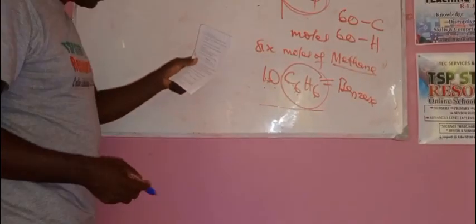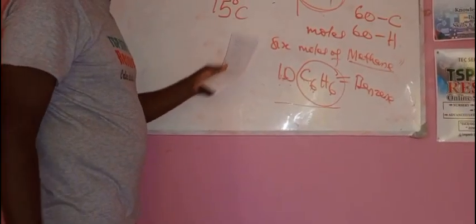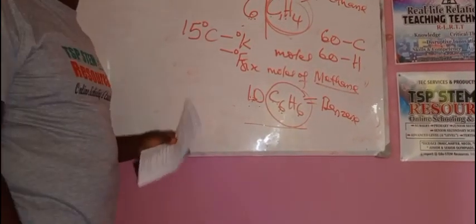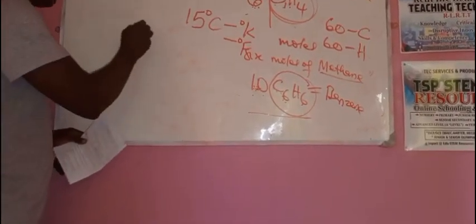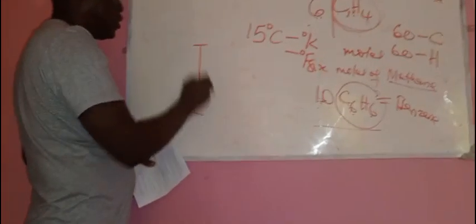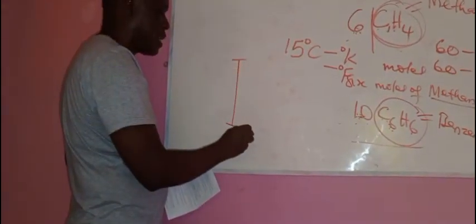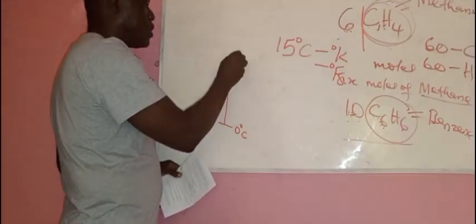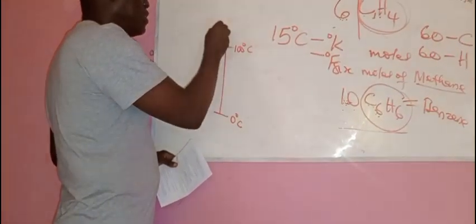The next question. Convert 15 degrees Celsius to Kelvin. Now, you can convert to degrees Kelvin, you can also convert to degrees Fahrenheit. It's very easy. Now, on the Celsius temperature scale, the lower physical point of water is 0 degrees and the upper is 100. This is for degrees Celsius.